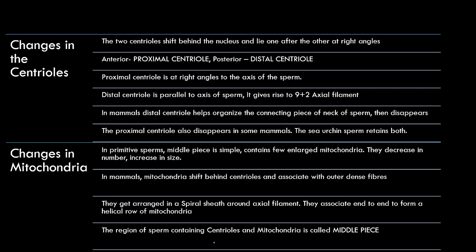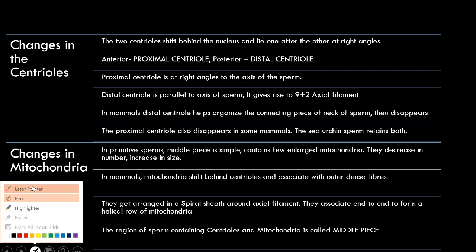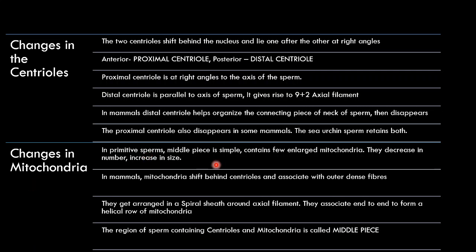Now, what are the changes that are taking place in the mitochondria? In primitive sperms, the middle piece is simple. So it contains few enlarged mitochondria. They decrease in number and increase in size. However, in mammals, the mitochondria shift behind the centrioles and form the middle piece, and they are associated with outer dense fibers, ODFs.